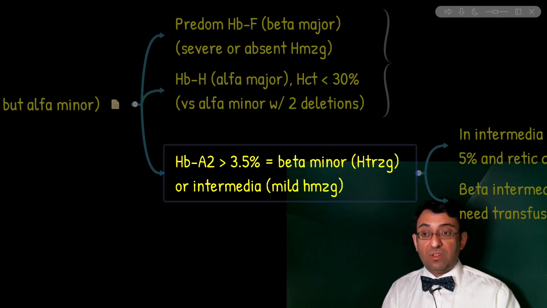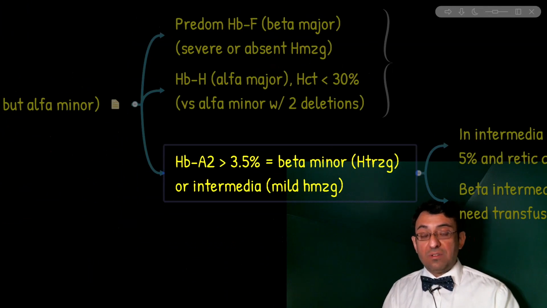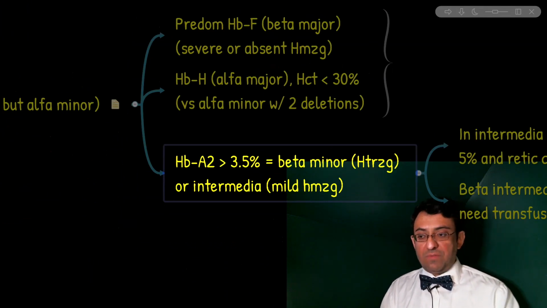And the answer is no. Why? Because in sideroblastic anemia, we usually have known underlying etiologies, and the patient usually has clear signs of anemia, and the patient usually has elevated serum iron. So the very next step in the assessment of this case is going to be hemoglobin electrophoresis.